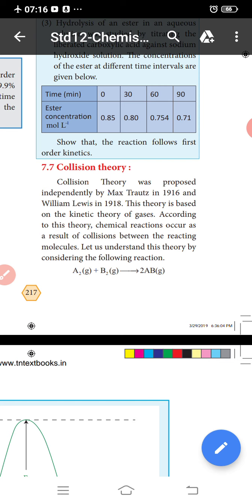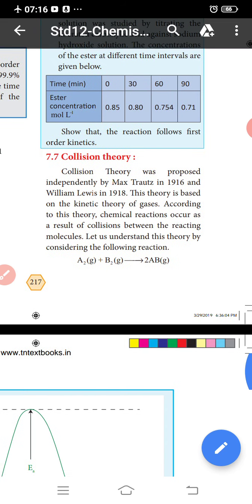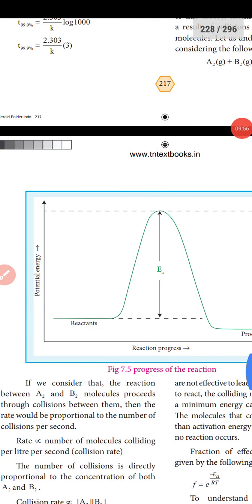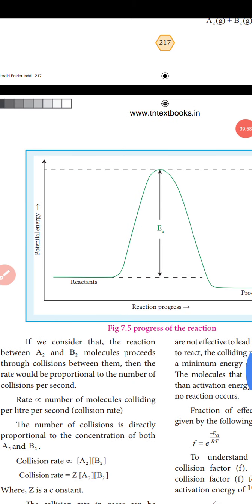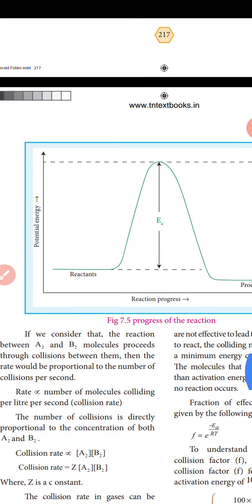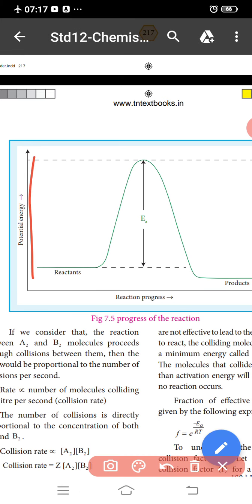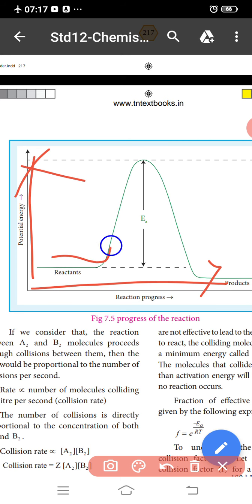This is the product. Okay, then see this graph. If we consider the reaction, the x-axis is reaction progress and the y-axis is potential energy, from reactant to product.